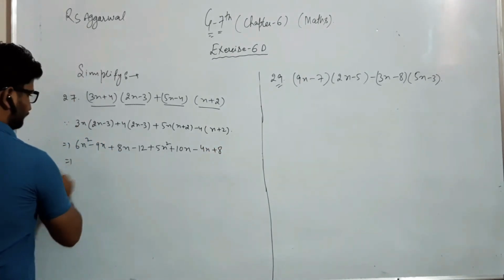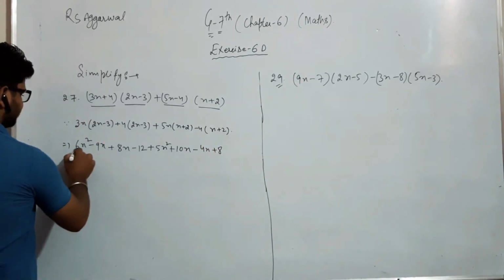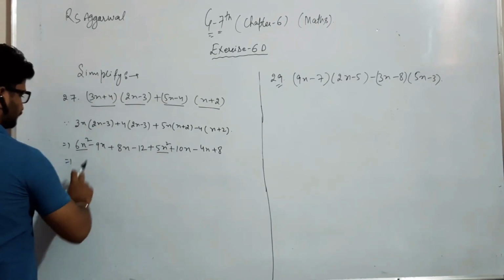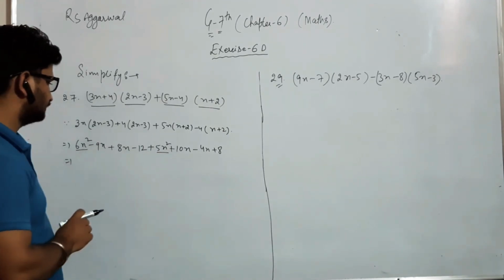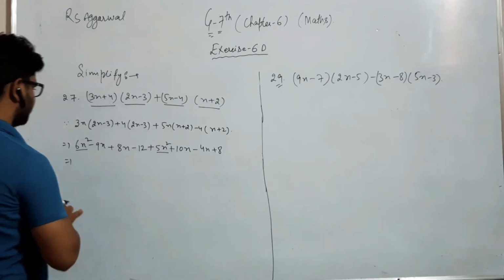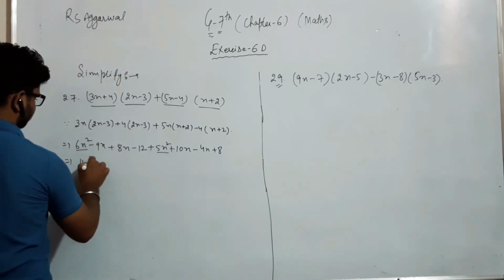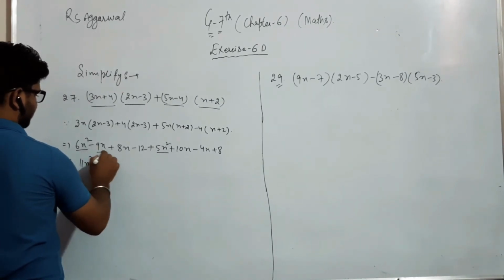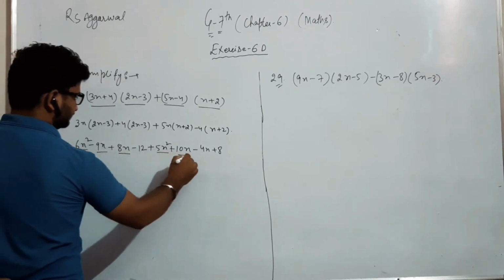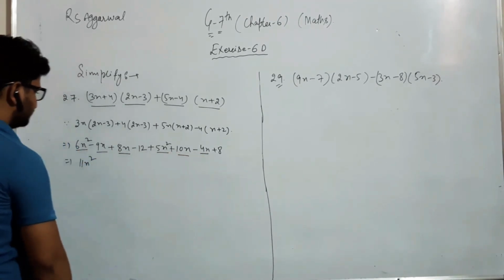Okay, so now we add or subtract the like terms. This is 6x^2, this is 5x^2, so both signs will be positive, so 6 plus 5 is 11x^2. Then minus 9x, 8x, 10x and minus 4x. These are like terms.